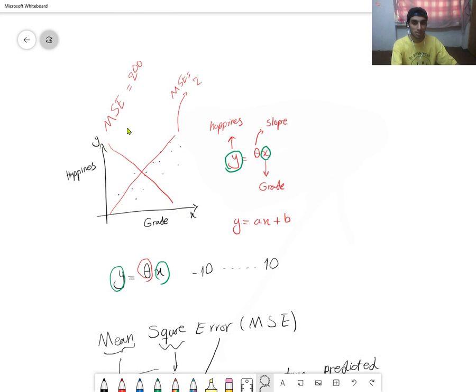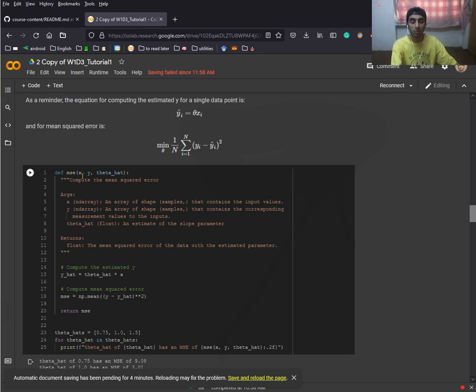This is x, this is y, and of course our theta, which is not good, it was -10, right? Okay, so we pass the x, y, -10 here, and they compute the MSE. np.mean of error squared. MSE, mean squared error.